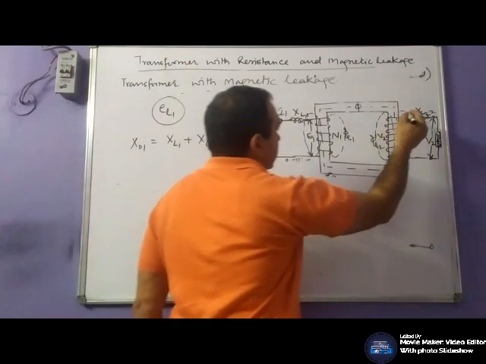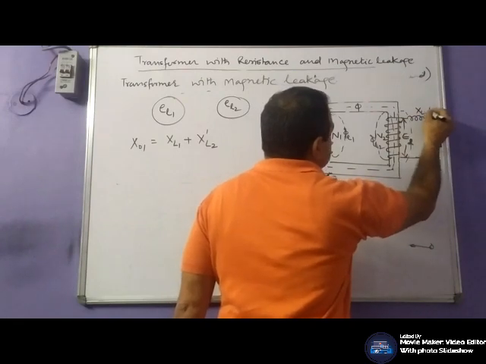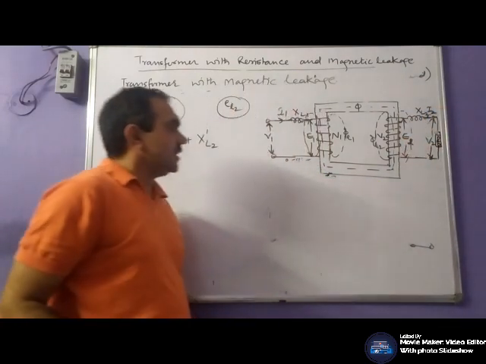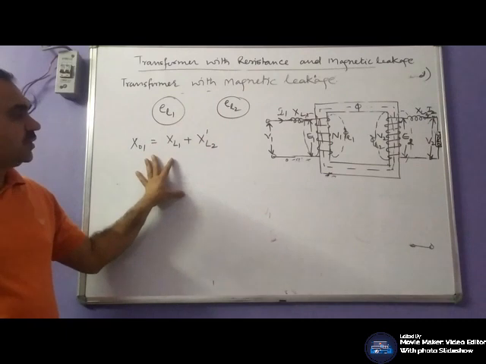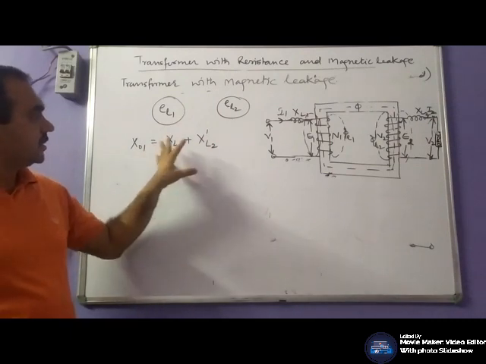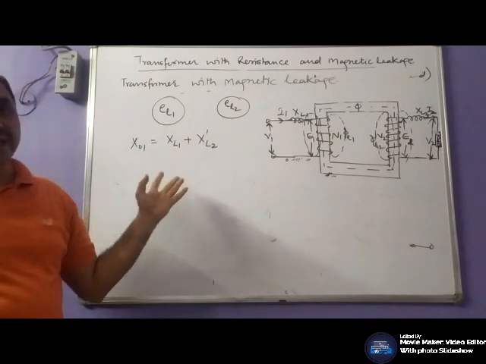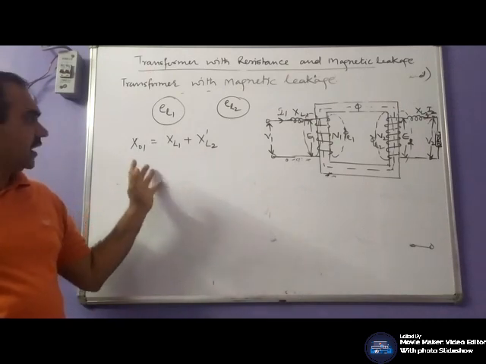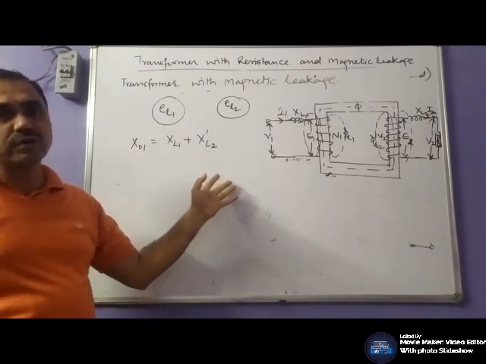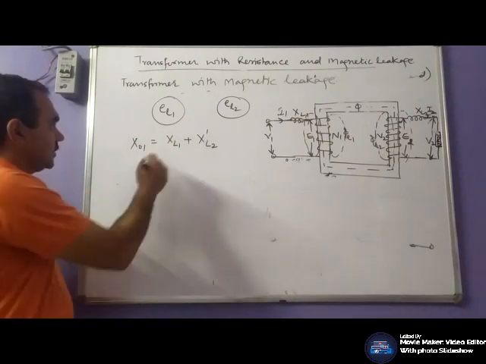Let this be the primary current and this be the secondary current, and it should be such that the percentage of voltage drop remains the same.